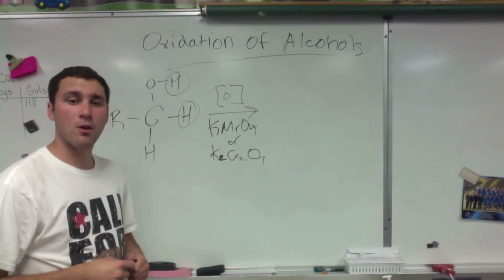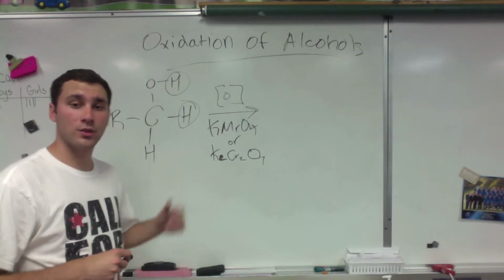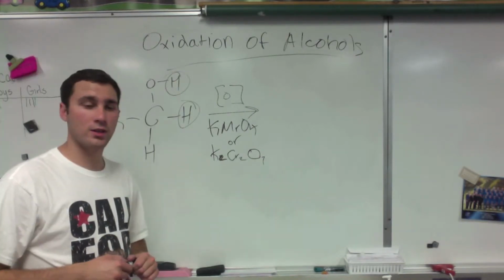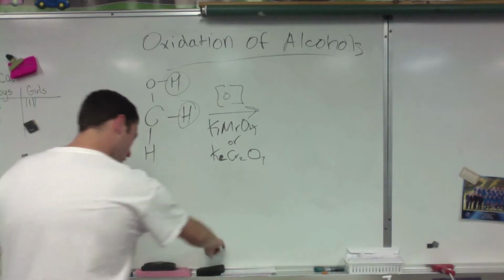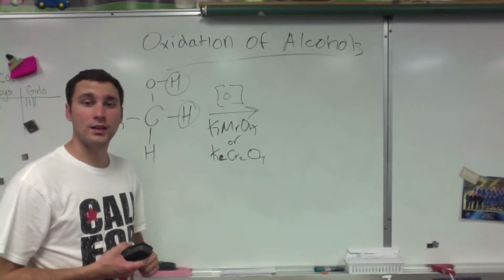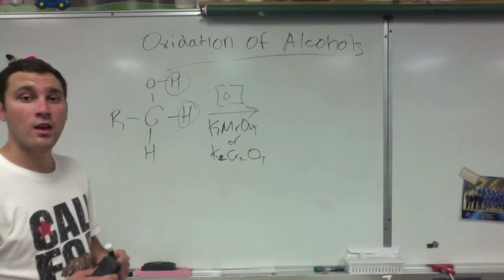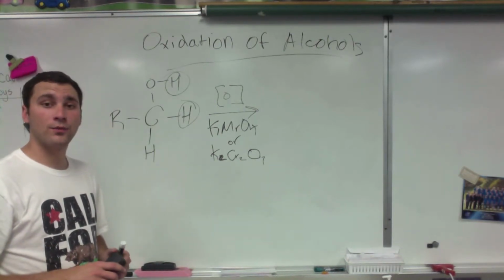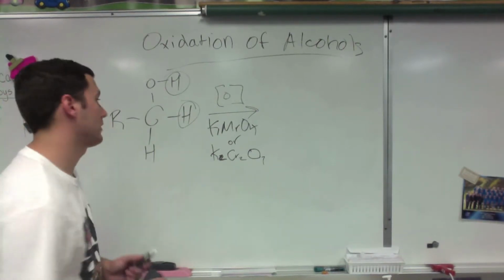Now, different types of carbonyl compounds are formed based on the structure of the alcohol and the reaction conditions. There are three types of alcohols: primary, secondary, and tertiary. Now let's take a look at what each of those form when they are being oxidized.